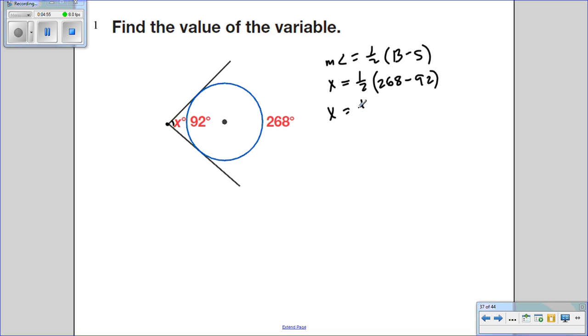So we have 1/2 of 268 minus 92. That's 176. Now I just take half of that, and I should have my angle. Divide that by 2, and we get 88 degrees.